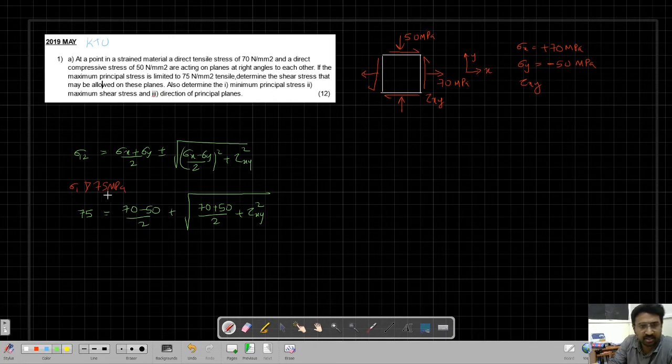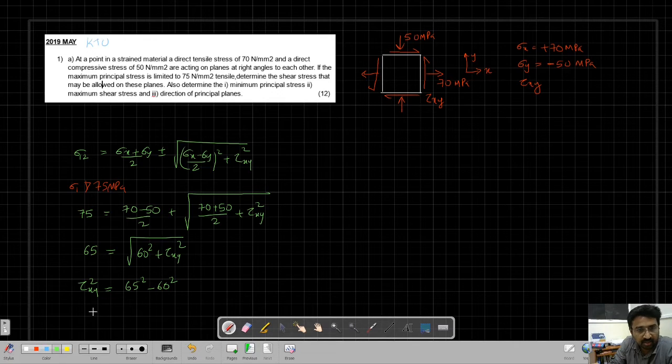So 70 minus 50 is 20, by 2 is 10. 75 minus 10 is 65, equal to under root of 70 plus 50, 120 by 2 is 60, so 60 square plus tau xy square. So tau xy square is nothing but 65 square minus 60 square.